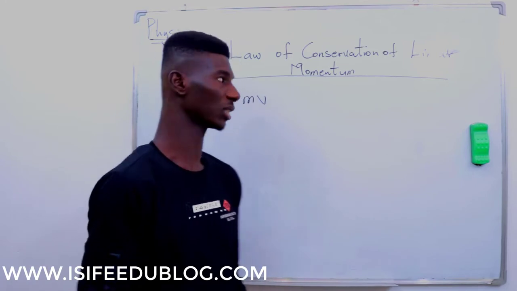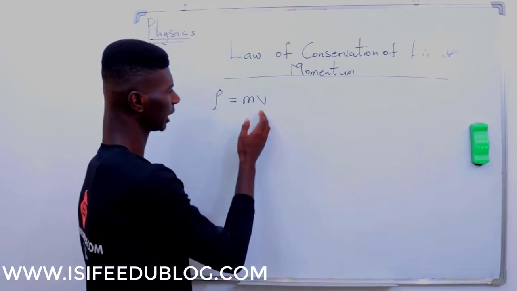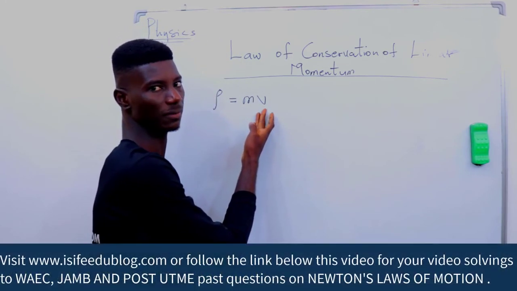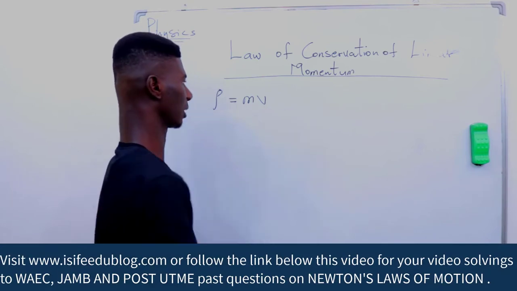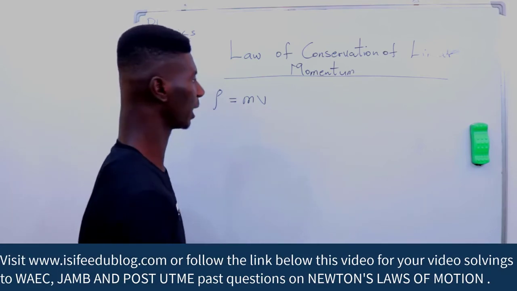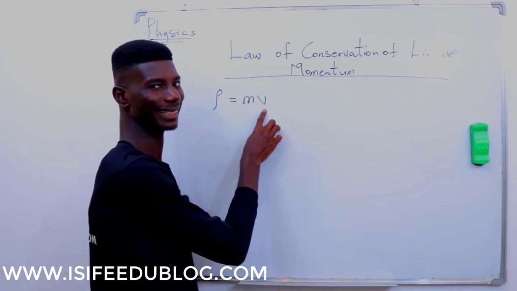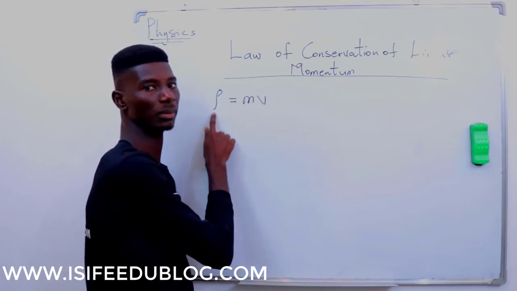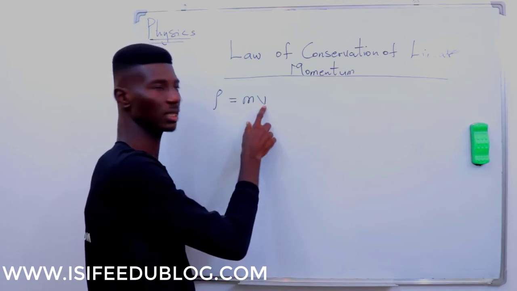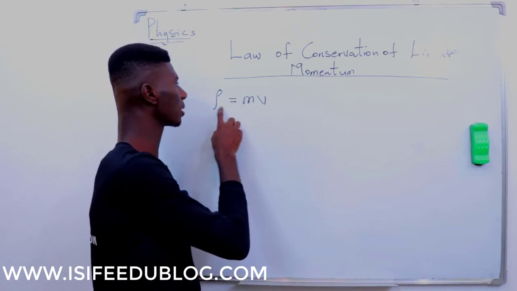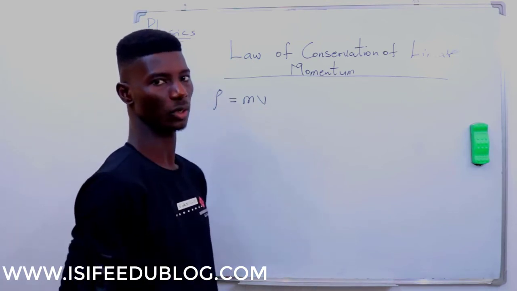Because of that, the mass of a body is not affected. The only thing that could be affected is the velocity, which changes what? Direction. Remember, the direction the velocity takes is exactly the direction that the momentum takes. Velocity is a vector quantity, and momentum is also a vector quantity. Note that.